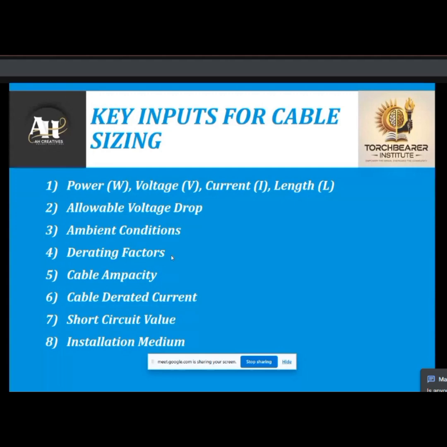But in our cases, there are many chances that when the cables are installed in the ground or overground, they will not follow the same factors which were considered by the manufacturer. So for that, we have to apply the derating factors to derate the current.